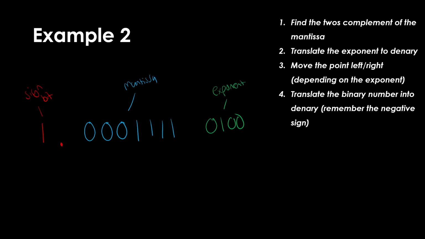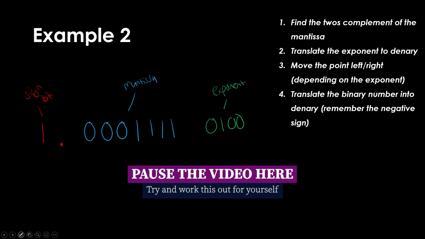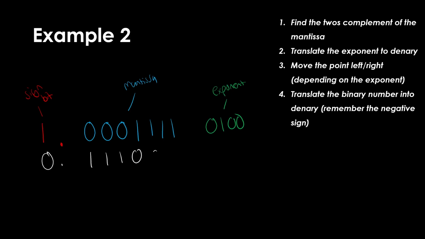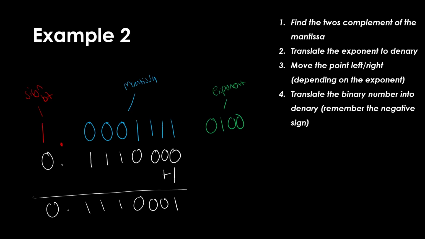That's our exponent. So step 1 is to find the 2's complement of the mantissa. So we'll have 0.11100000. Add 1 to that. That gives us 0.11100001. That's our 2's complement of the original number.